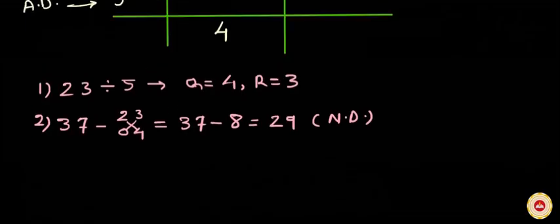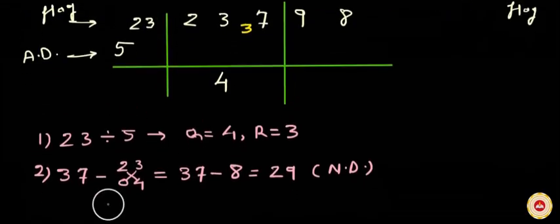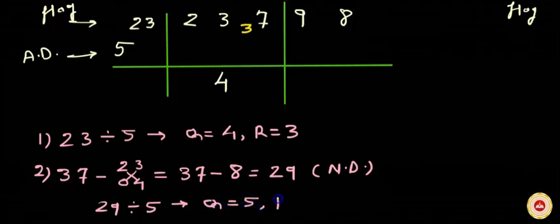Now let us divide net dividend 29 by actual divisor 5, which gives us 5 5s are 25, quotient is 5, and remainder is 29 minus 25, remainder is 4.